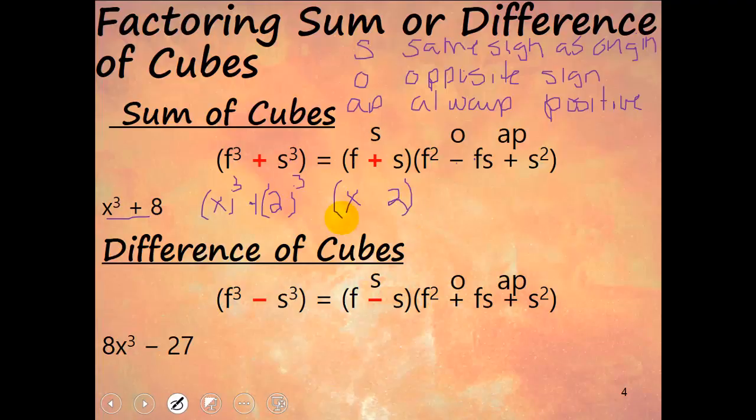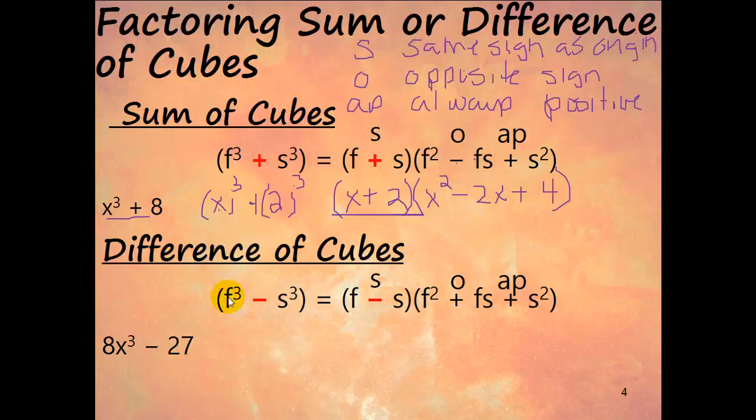Put that in parentheses, and then I'm going to square my first, x squared. I'm going to multiply 2 and x together, that's 2x, and then I'm going to square 2, just following the pattern. Now I'm going to put in my signs: same, opposite, always positive. And I'm done. I factored it.